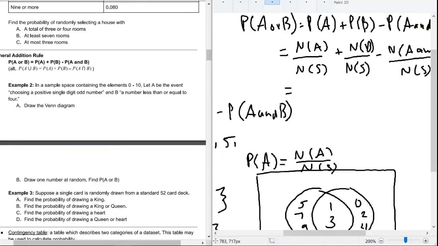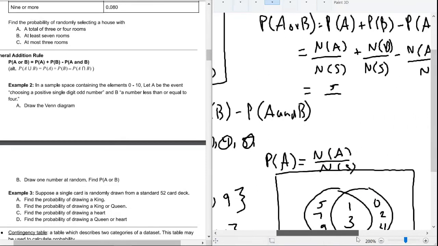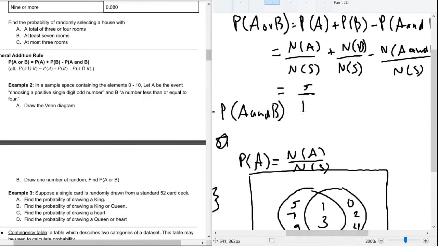So now the number of events of interest is 5 divided by the number in the sample space, here S. So this is 1 outcome, 2, 3, 4, 5, 6 outcomes, 7, 8, 9, 10, and 11 outcomes, okay? It's 0 through 10, right? But we do have to count the outcomes here. So there's 11.